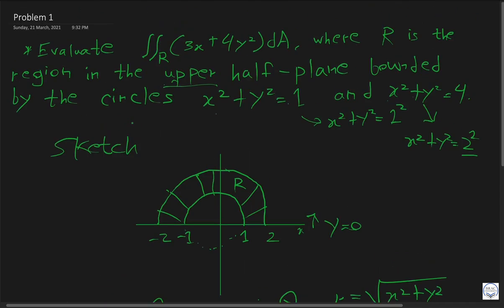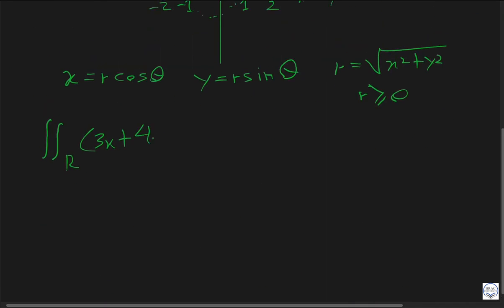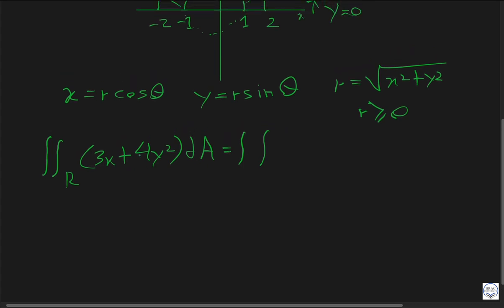So we have the integral of 3x plus 4y squared dA. Our first target is simply to write it down: 3r cos theta, I'm just substituting x and y, plus 4r squared sine squared theta.